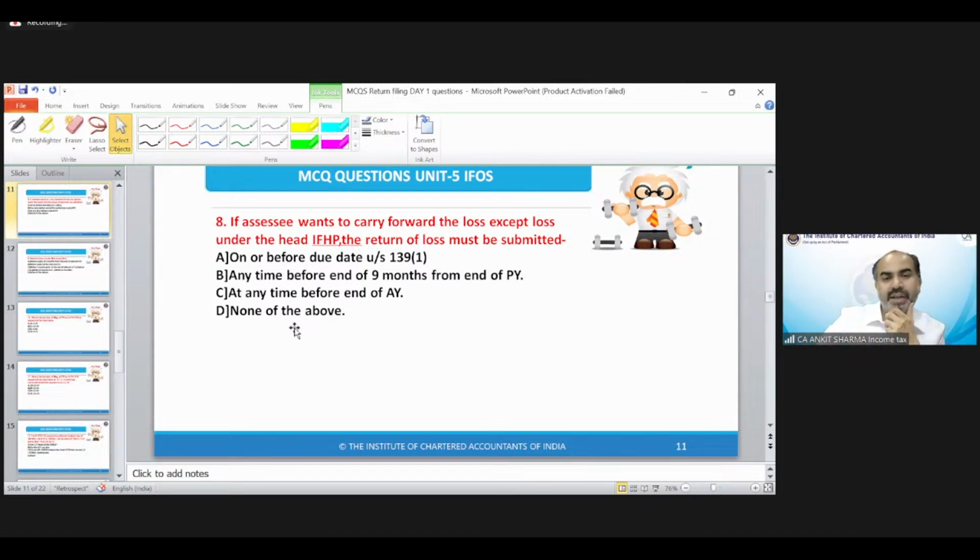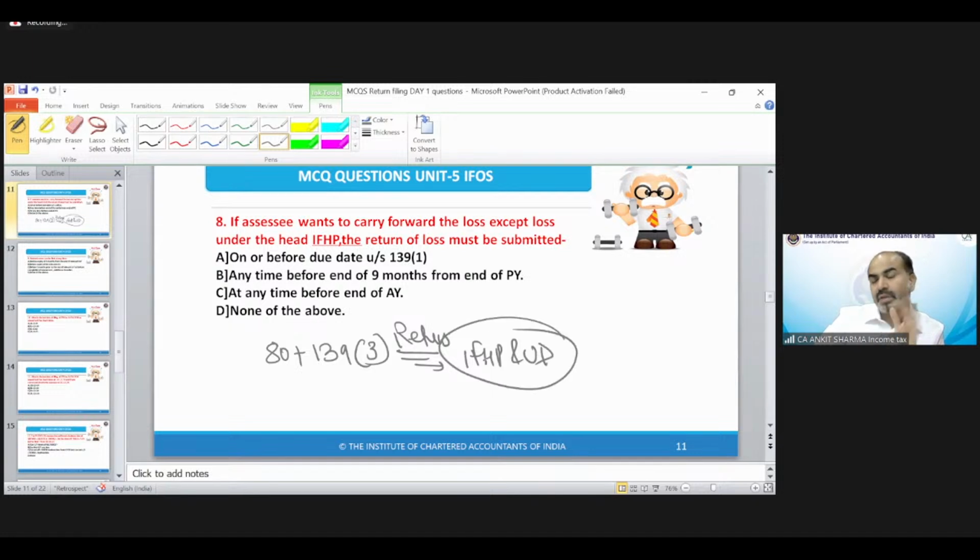So section 80, connected with section 139(3), which is return of loss, says that except income from house property and unabsorbed depreciation, except these two, if you want to carry forward and set off your loss in future, then you have to file your return up to due date as per section 139(1).